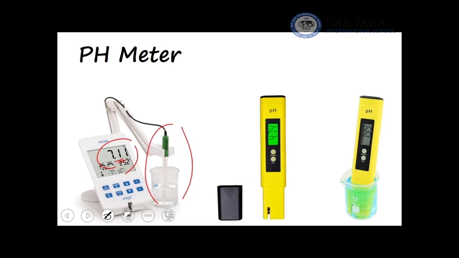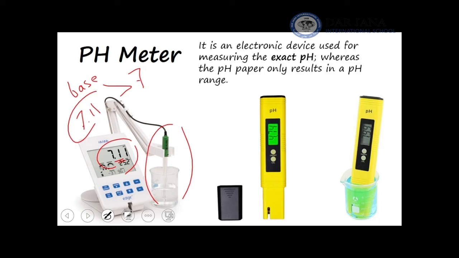And since you know the range of each type of solution, if for example the reading is 11, this means we have a base because it's greater than 7, and so on. So it is an electronic device used for measuring the exact pH. It's not like comparing colors, it's more accurate.